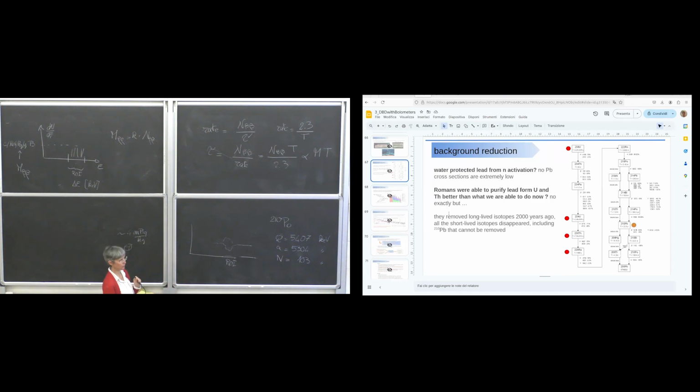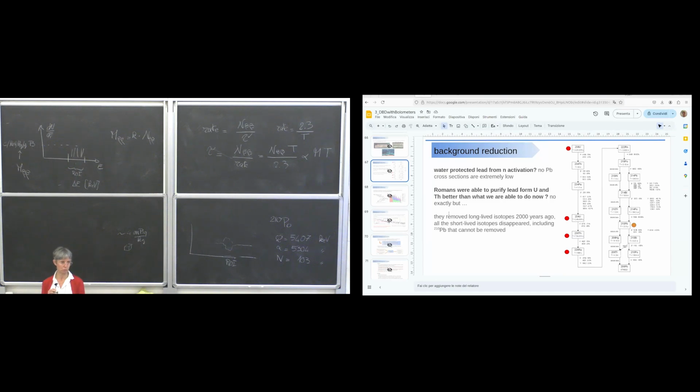And then, just for your curiosity, the content of lead 210 in the lead that you can buy on the market is very different from kind to kind, and it depends on the mine. So some years ago, a kind of lead was available, at least sold in Poland.